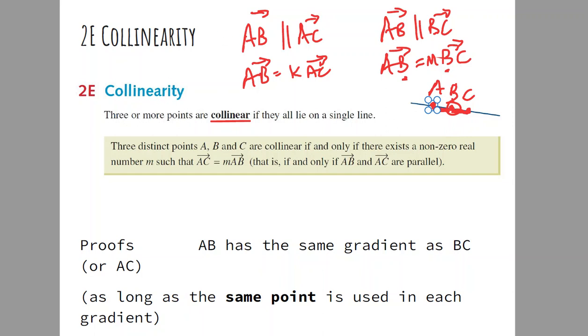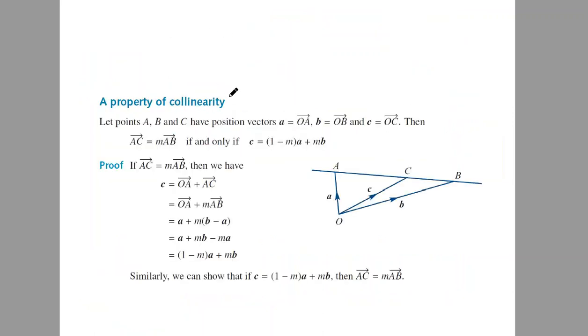That's one proof. The second proof of collinear is to do with if you have position vectors. So position vector OA is a, OB is b and OC is c.